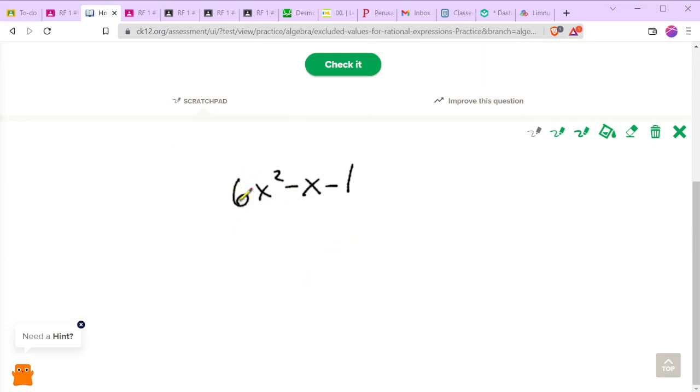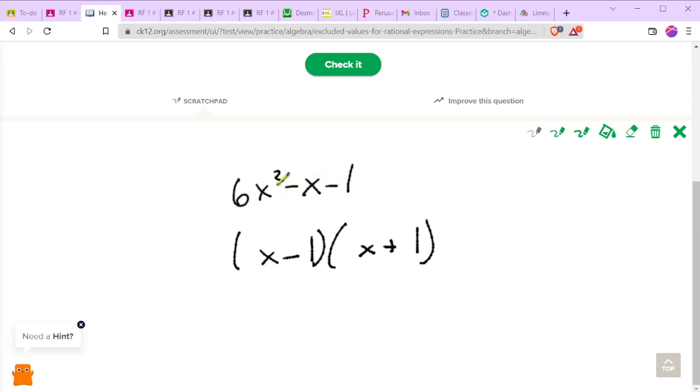So we need coefficients of x that multiply out to 6. So it's either 1 and 6 or 2 and 3. Our constants both have to be 1. We need to have one positive and one negative, otherwise we're not going to get that minus sign here.